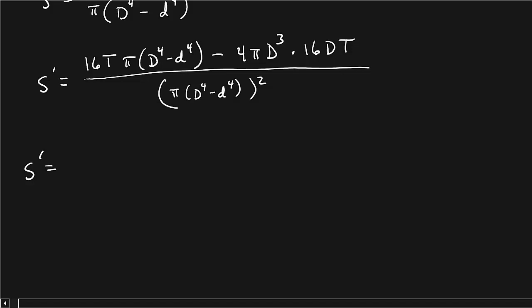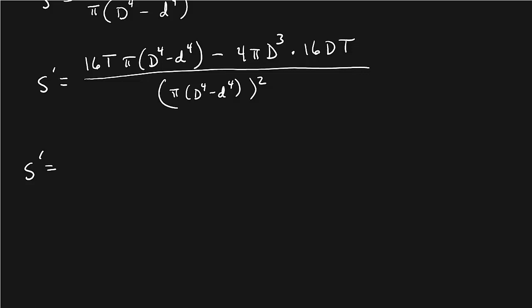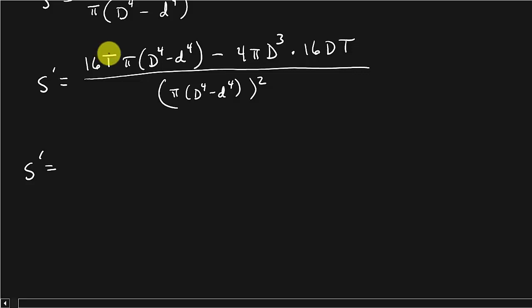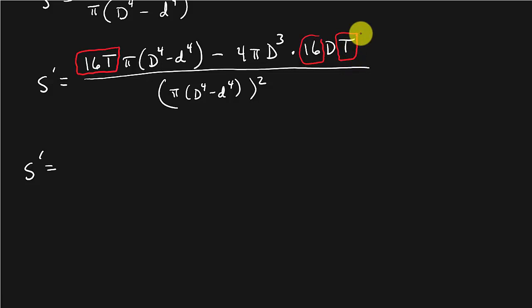Instead of distributing, look at this. Let me circle this. You see this 16t and this 16t right here? That's a common factor that we can factor out.